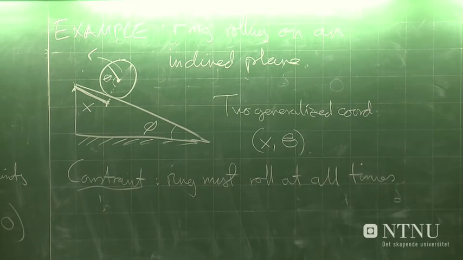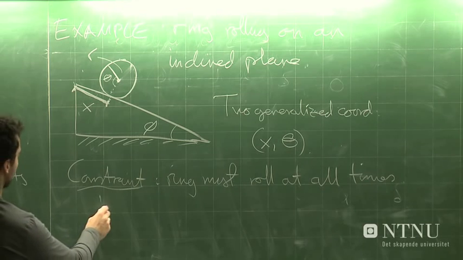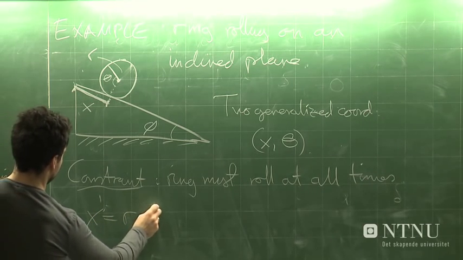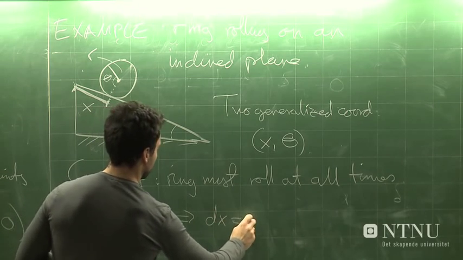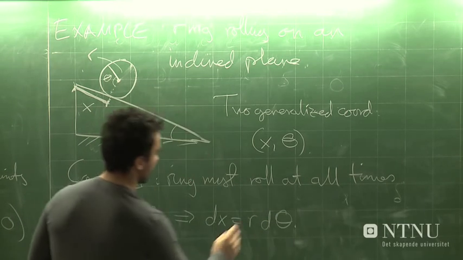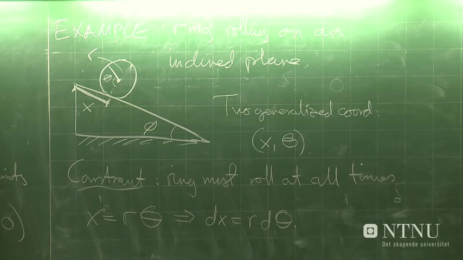So we need to write down this constraint equation in some way. Does anyone have a suggestion for how we can write down the constraint of a ring which is always rolling? Yes? X equals r theta. X equals r theta. Or in differential form we can write. And how do you reason to arrive at this expression?